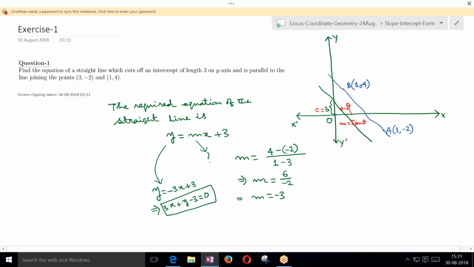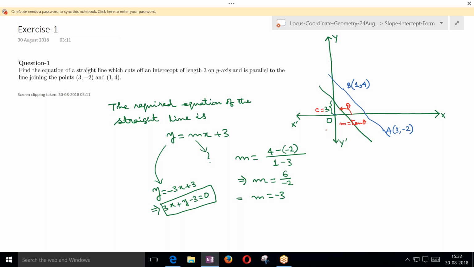But how to find this tan theta? We have not been given any other clue apart from that it is parallel to the line joining the points. The straight line we are going to find, which is in the blue color, is parallel to the line joining the points (3, -2) and (1, 4), which is the straight line I drew in blue color. So there is not a direct way we can find the value of theta, and it is not important that we find the value of theta.